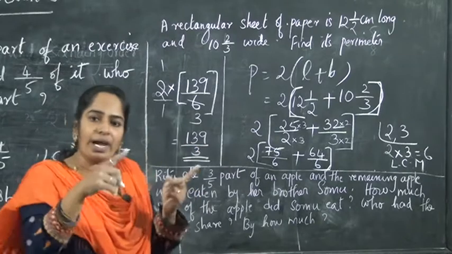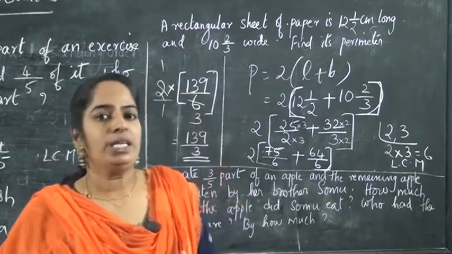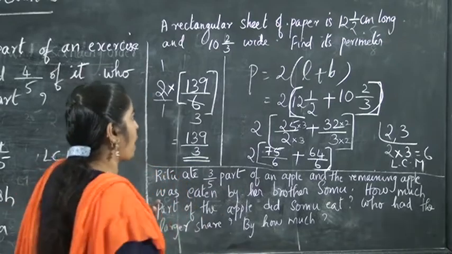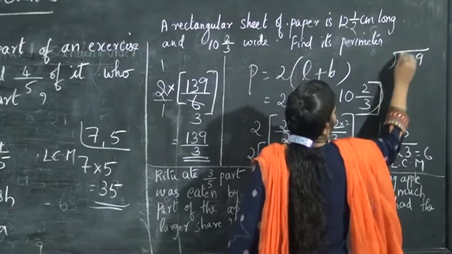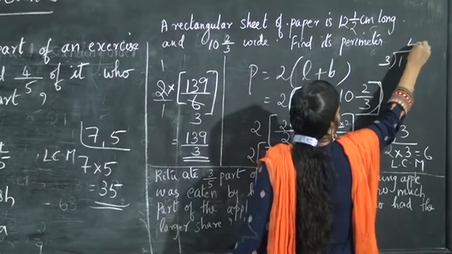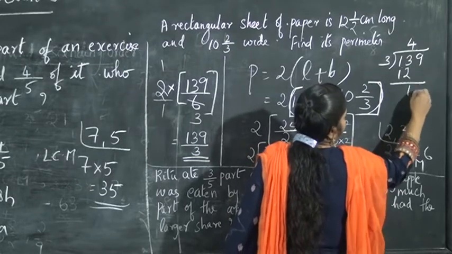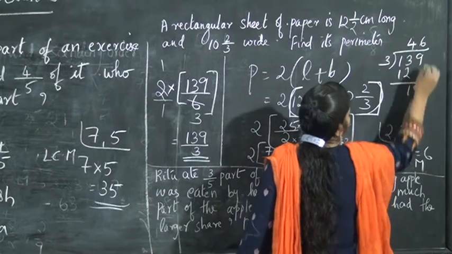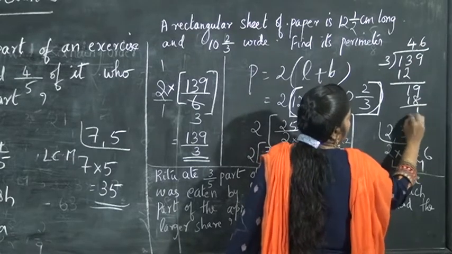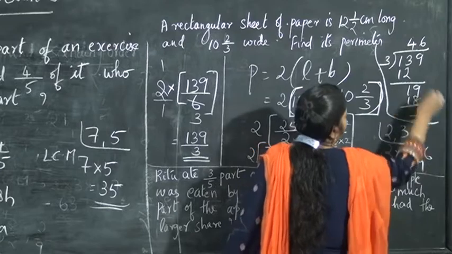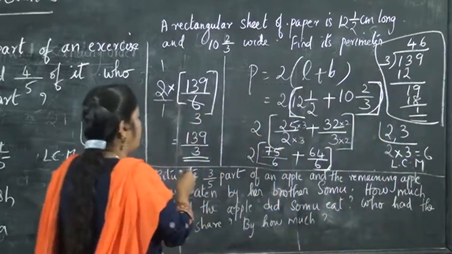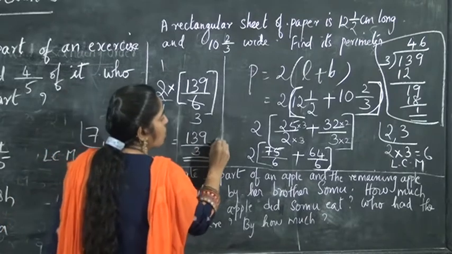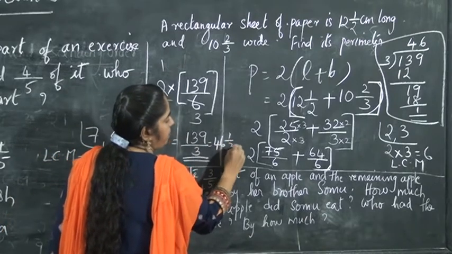If you want to divide, you can divide and find the mixed fraction, like how 139 by 3. 4 threes are 12, and again 19, 6 threes are 18, balance 1. So it becomes 46, 1 by 3.